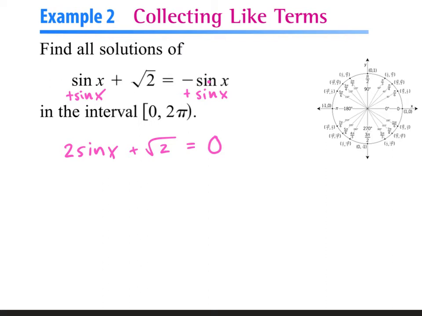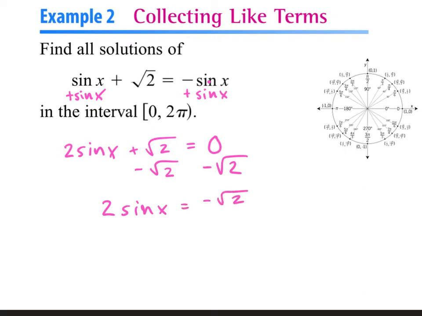Subtract the square root. Not yet to the unit circle, because we want that sine of x all by itself before we go to the unit circle. So we subtract the square root 2. So we have 2 sine of x is equal to negative square root 2.